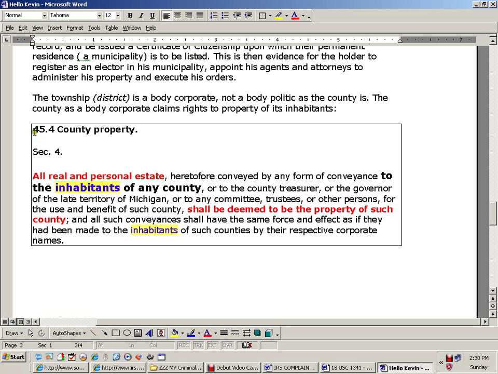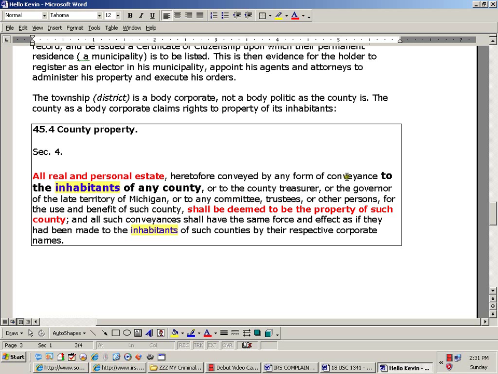Where in 45.4 of the Michigan compiled laws it says, all real and personal estate heretofore conveyed by any form of conveyance to the inhabitants of any county or to the county treasurer or governor of the late territory of Michigan or to any committee, trustee, other person for the use and benefit of such county shall be deemed to be the property of such county.